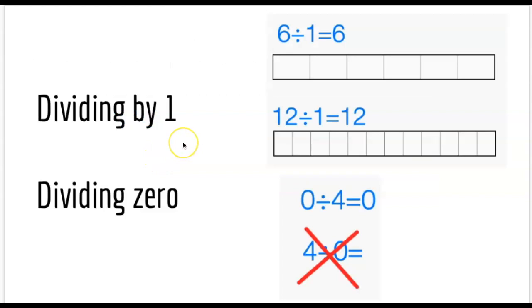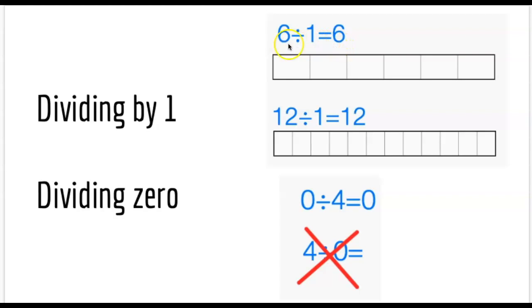Next, let's look at some properties of division, and that just means things about division that will always be true. For instance, dividing by 1. Anytime we divide any number by 1, it will keep its identity and the answer will be that number. So for instance, 6 divided by 1 equals 6.